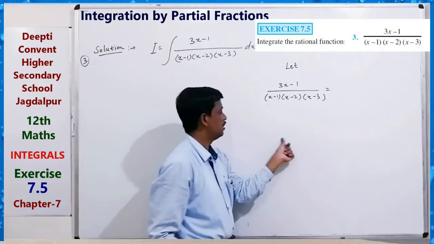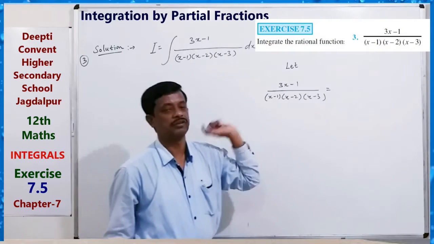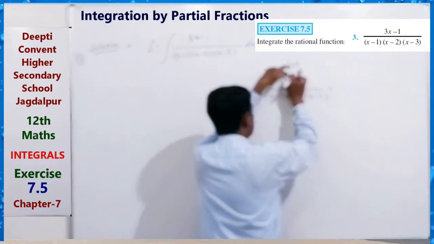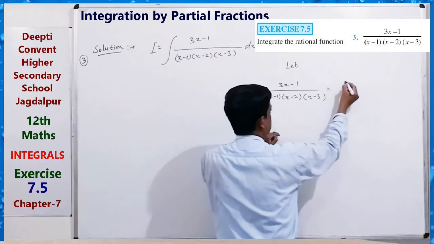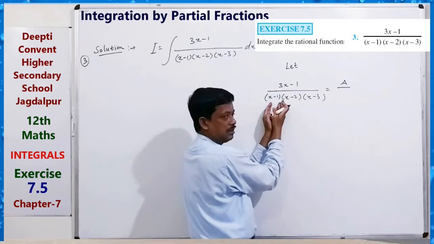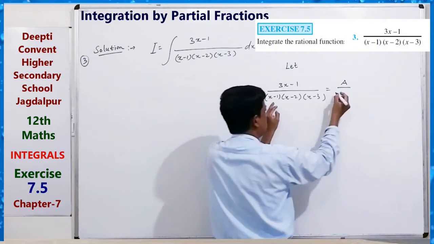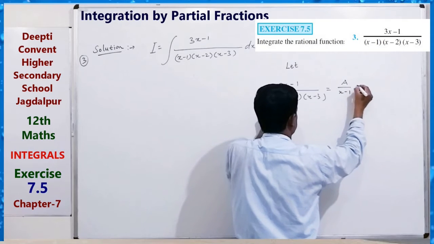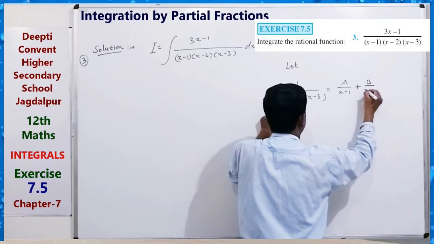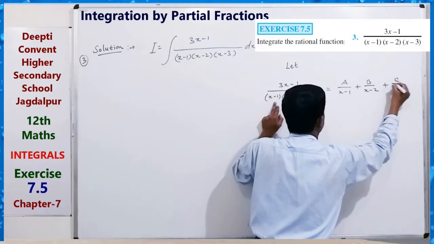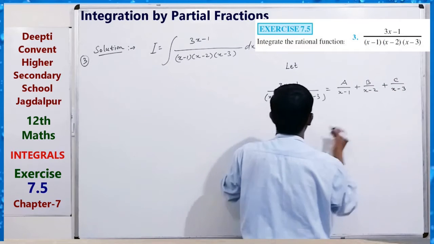How many factors are there in the denominator? 3 factors, each a single linear factor. So we can write A upon x minus 1, B upon x minus 2, C upon x minus 3.